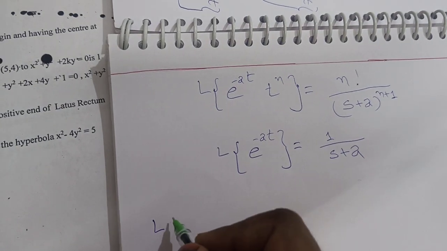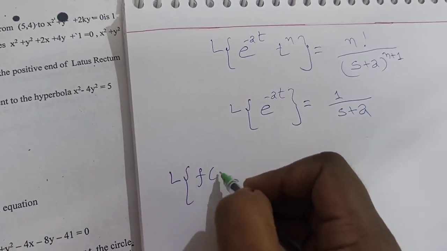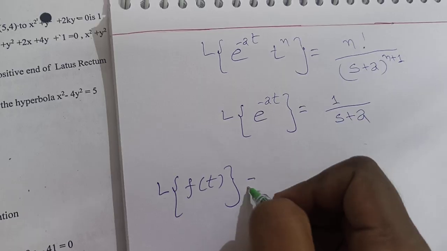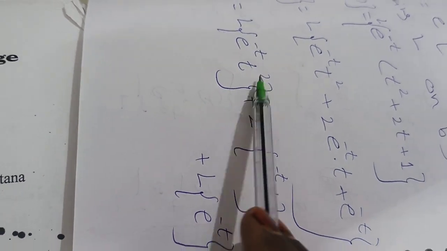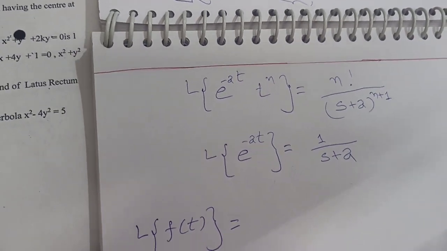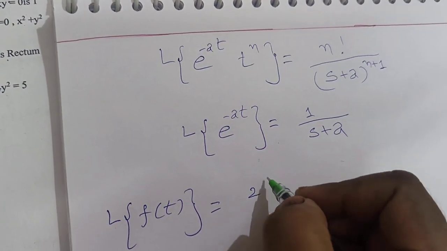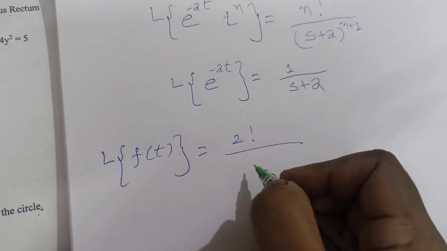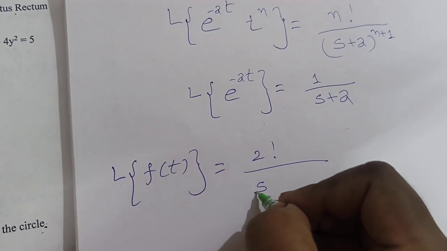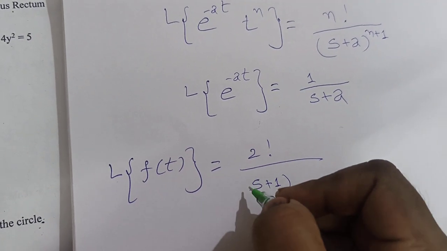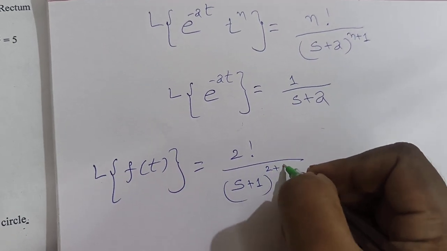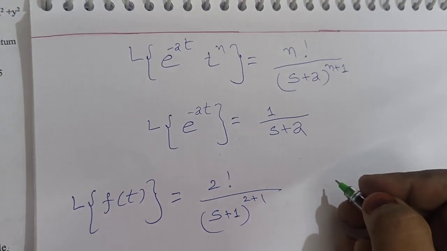So here we will write L of f of t is equal to n factorial, n factorial means 2 factorial, by s plus a, so it becomes s plus 1 whole to the power of 2 plus 1. This is the first term.